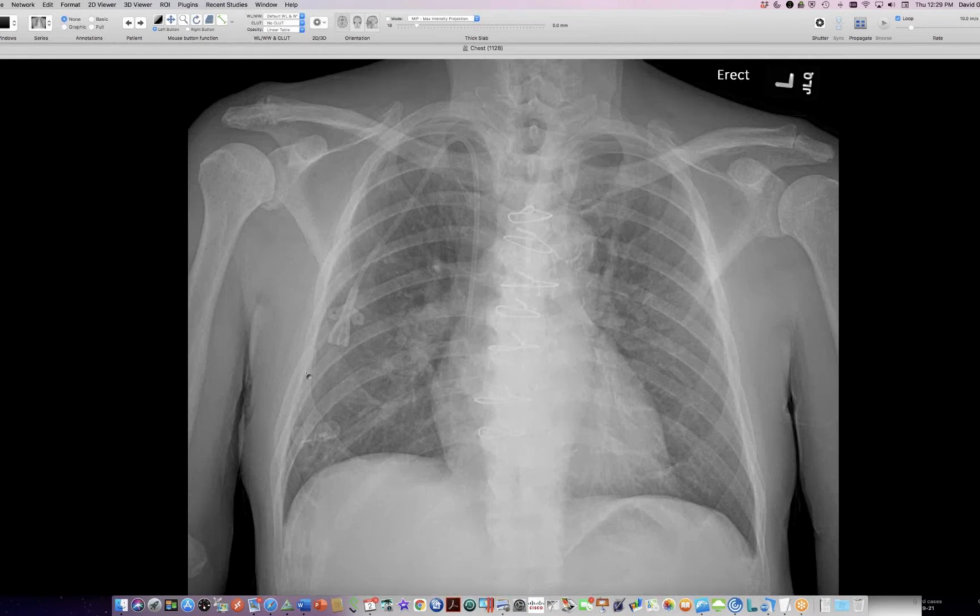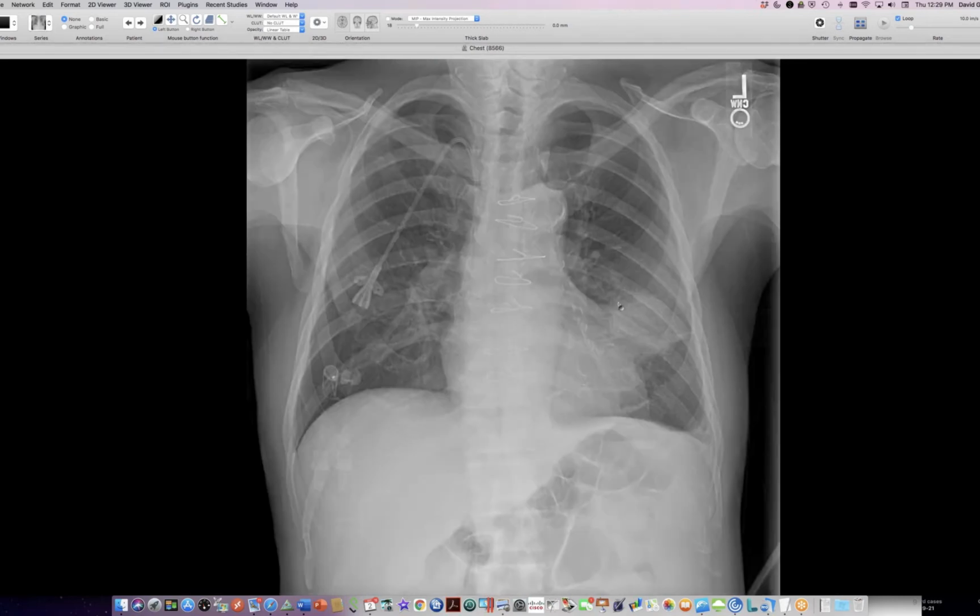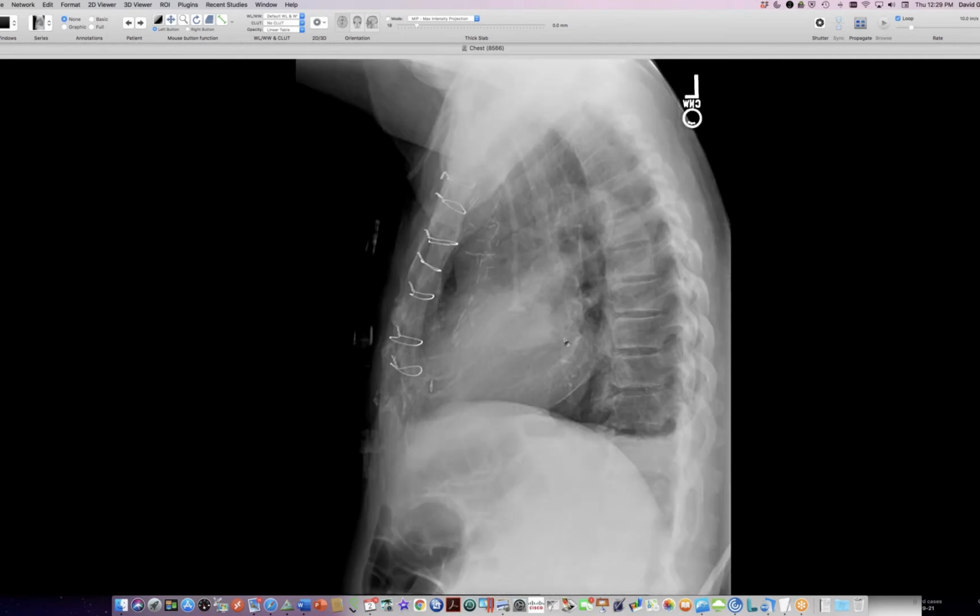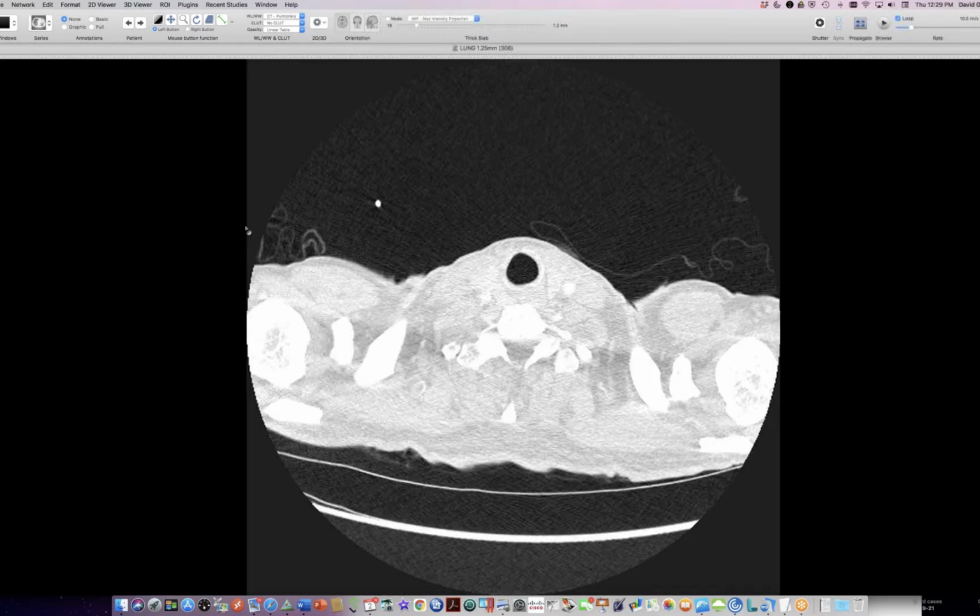And then this man had a fairly normal radiograph. At this point, he's an AML patient. This is his old radiograph, and then this is his more recent radiograph with a compact, probably fungal infection at this location here. You can see it's in the lingula, and here's what it looks like on CT.